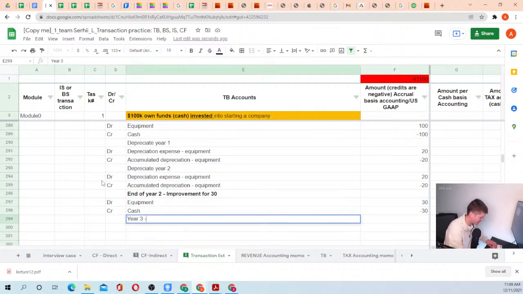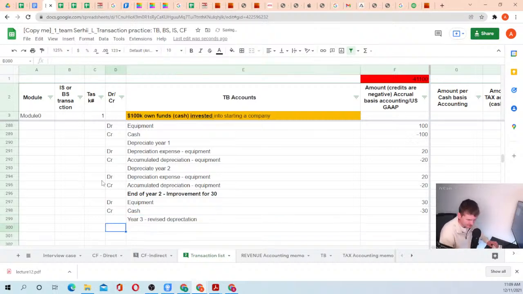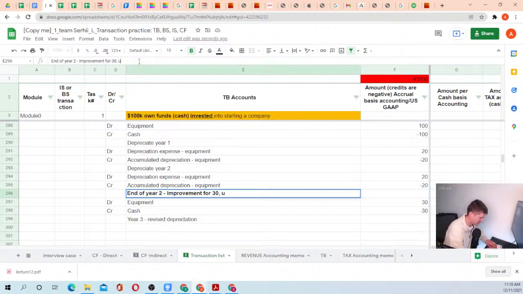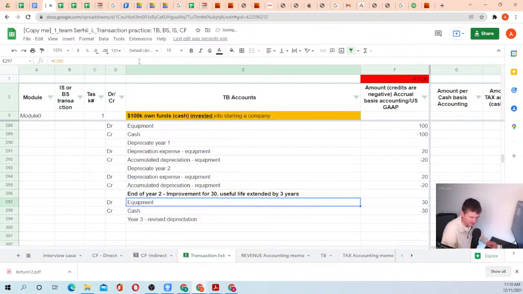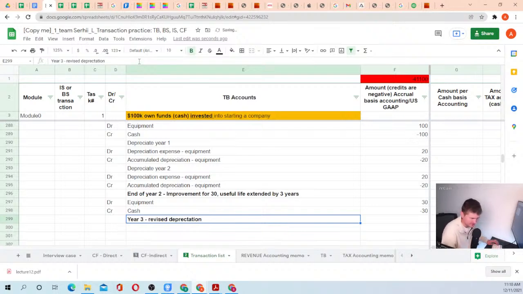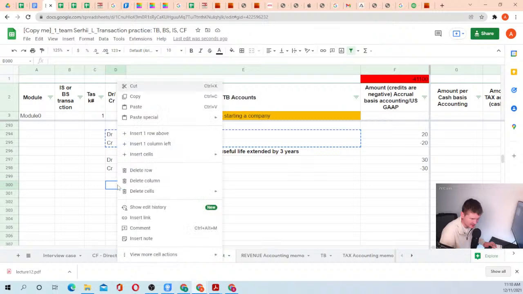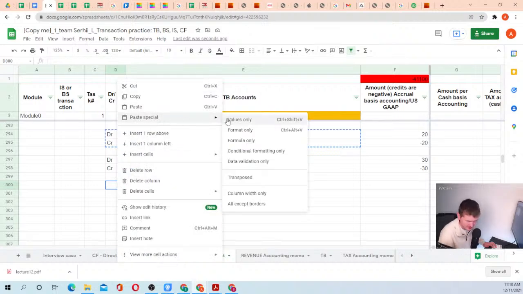Year 3 revised. Okay, so revised depreciation will be the same entry. Debits and credits will be the same. The amount will be different.